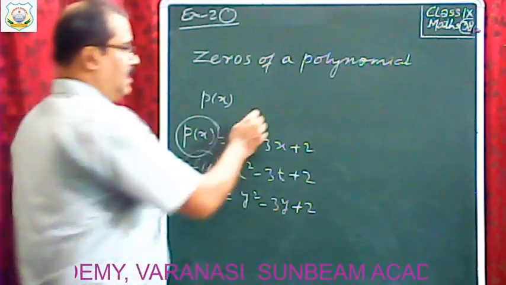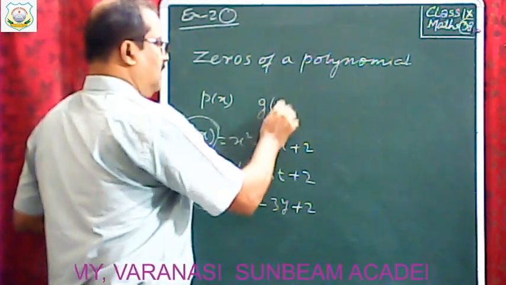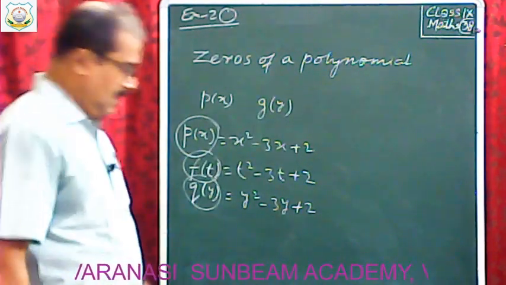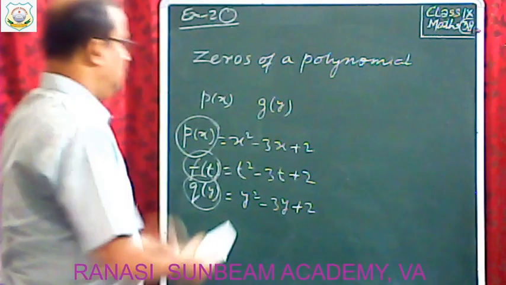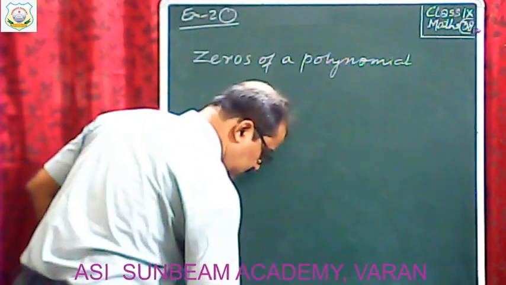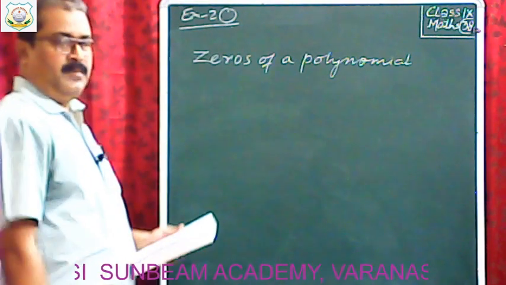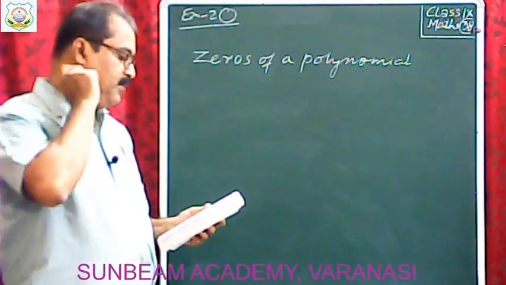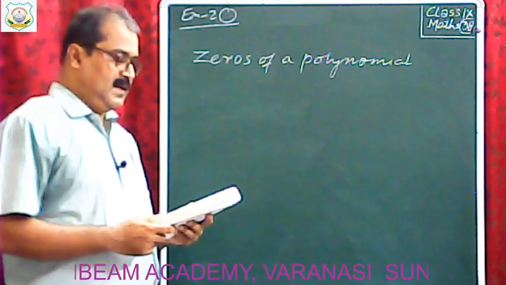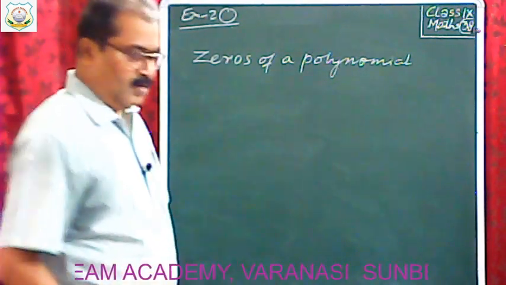If you say g(y) is a polynomial, it means a polynomial in terms of y. These are the notations. Zeros of polynomials means what? Let p(x) be a polynomial, and if p(alpha) equals 0, then we can say that alpha is a zero of the given polynomial.